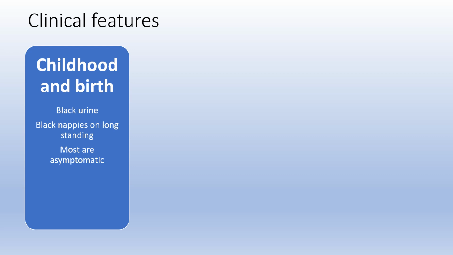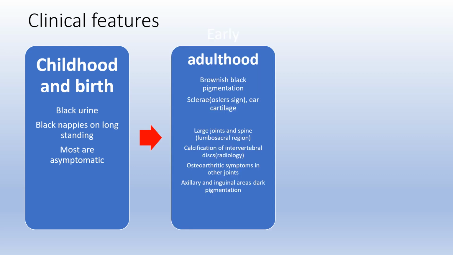The second age group, which is the most common age group at which ochronosis is diagnosed, is early adulthood, which includes the second half of the third decade.